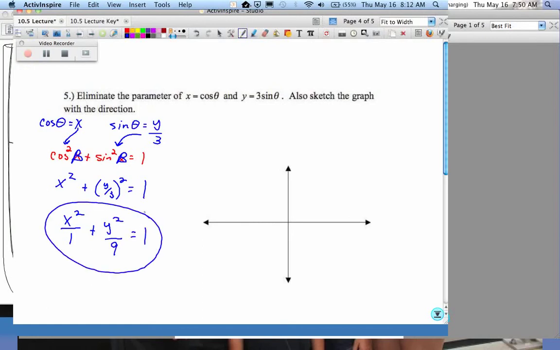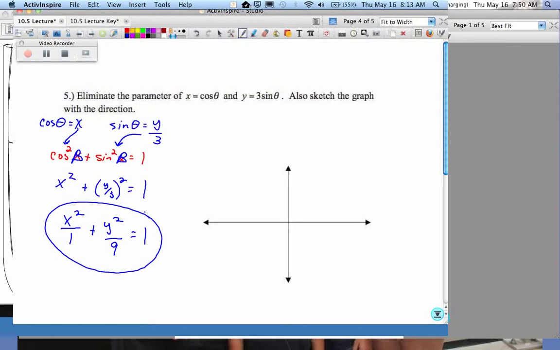Do you recognize that as the ellipse that we're working on for 10.1, 10.3? What do you know about this ellipse? Where's its center? Has a center at 0, 0. What are you going to do? Stretch 1 to the right, 1 to the left, up and down 3.